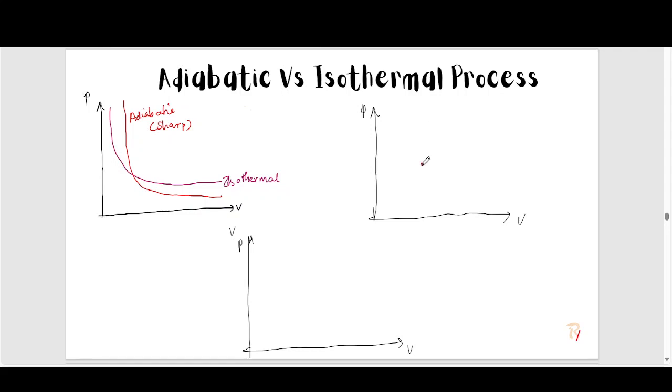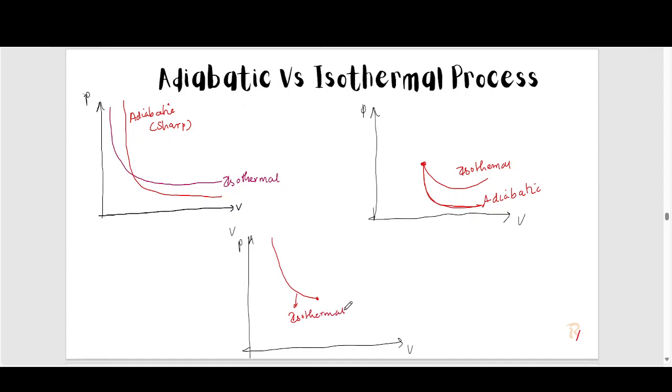Let me take this as a point. This is isothermal, and this is adiabatic. Since these graphs are very short, from this, the not very sharp line is adiabatic.